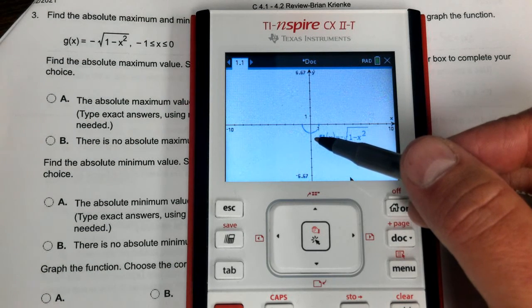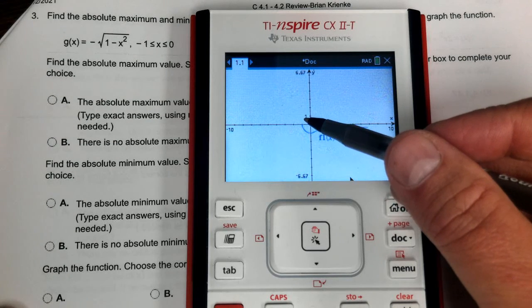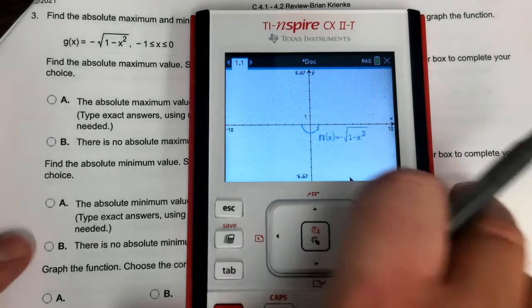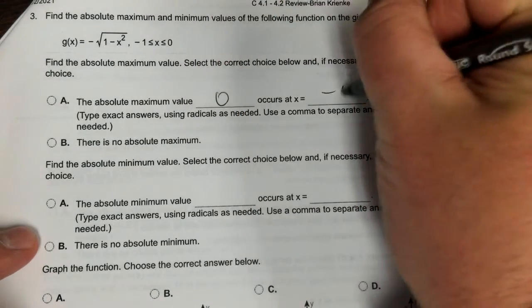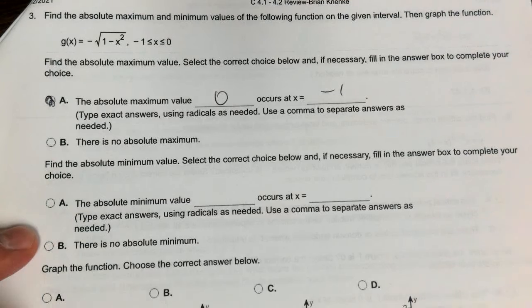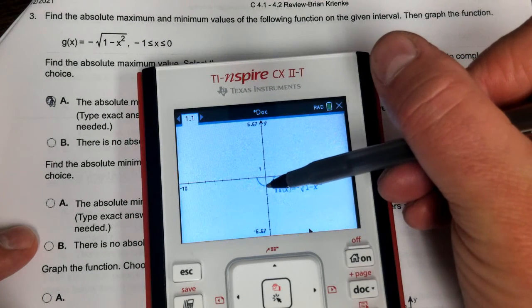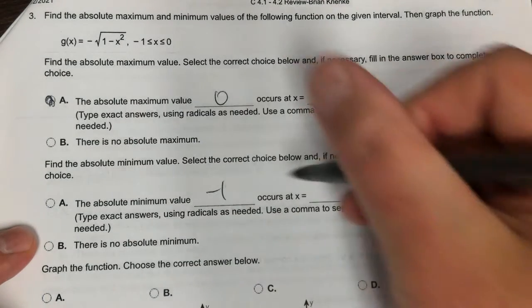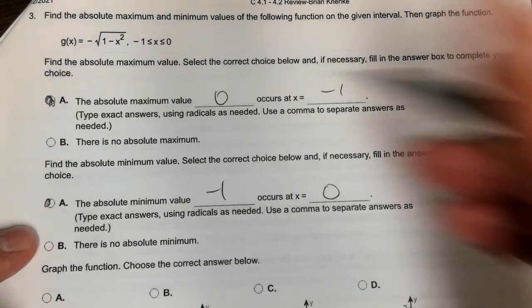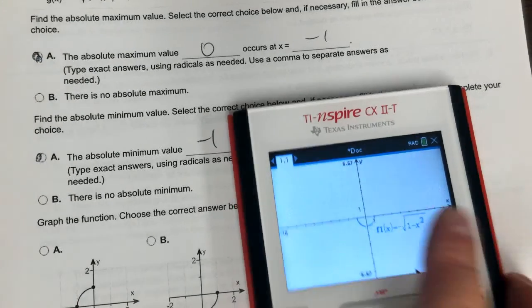So the absolute maximum would be 0 at x equal negative 1, and the minimum would be negative 1 at x equals 0. And again, it's the left side of this, and so that's D.